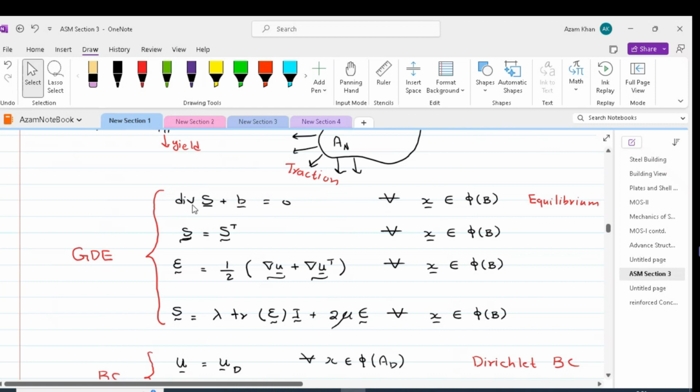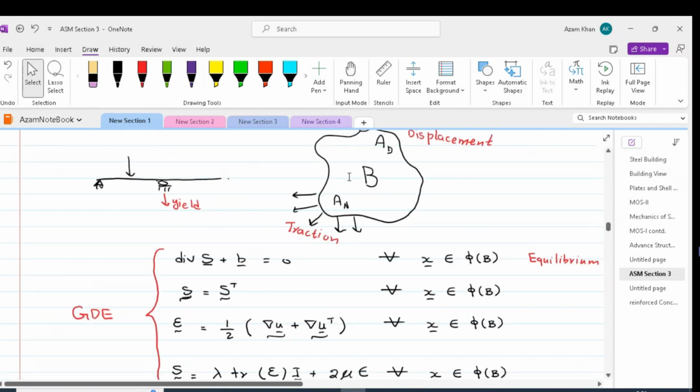So this divergence equation, or this equilibrium equation, is valid for all X which is a member of this body. Phi b actually defines this body, and X is any point within this body. So we are saying that the equilibrium should be satisfied at each and every point within the body.